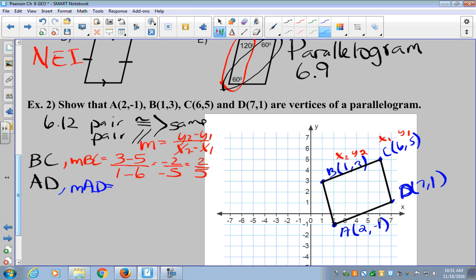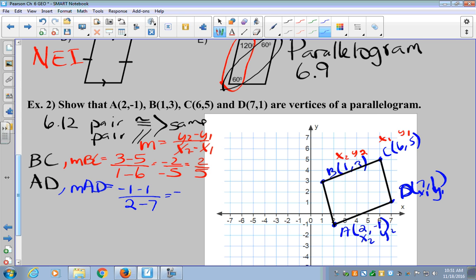Let's find the slope of AD, and if I play my cards right, then they are the same slopes. So AD is y2 minus y1 over x2 minus x1.